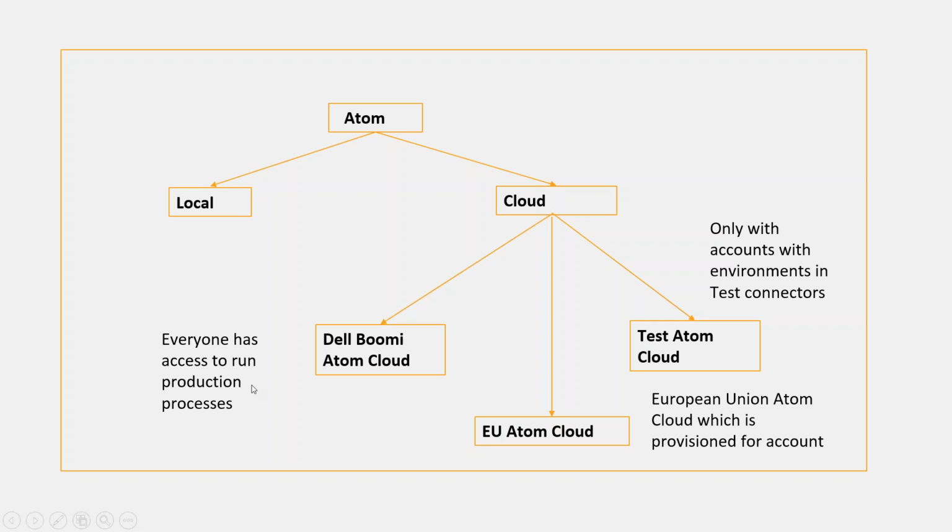Everyone has access to run production processes on the Dell Boomi Atom Cloud. The EU Atom Cloud, the European Union Atom Cloud, is provisioned for your account, and you have to request it. The Test Atom Cloud is only for accounts with environments and test connectors. When you have test connectors enabled, you will have this Test Atom Cloud.